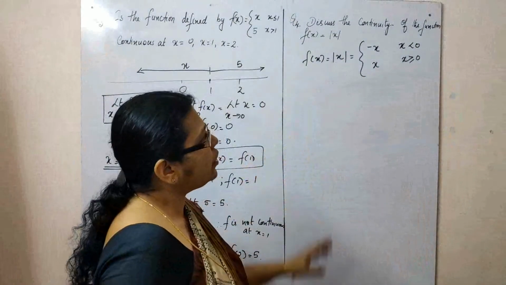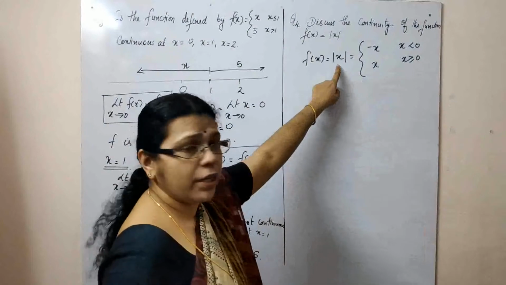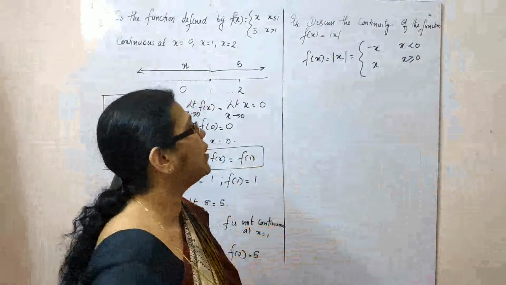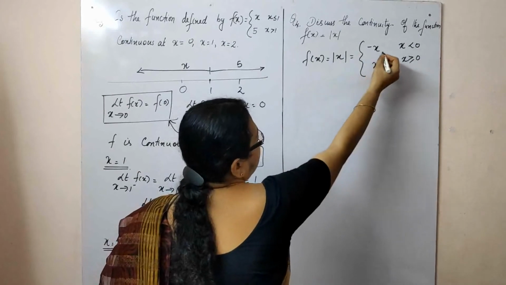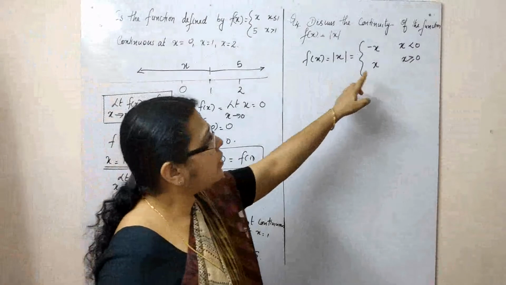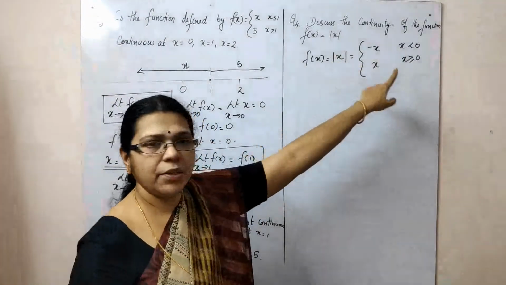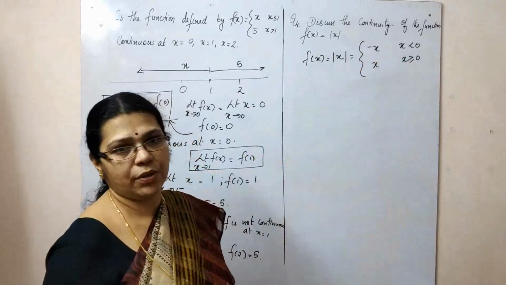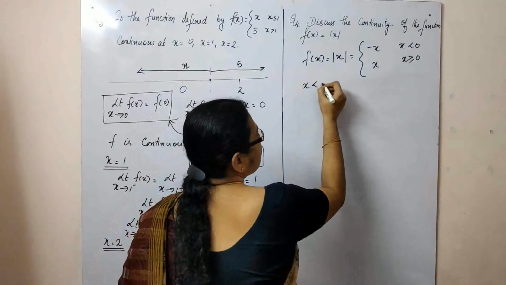So, in order to check for the continuity of modulus of x, I take minus x and x. Now, I am going to check whether the function is continuous at x is equal to 0 or not.